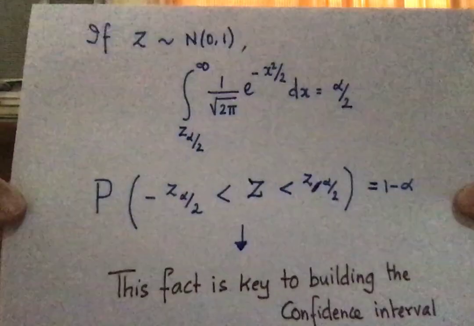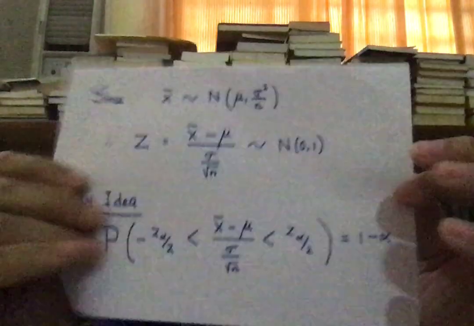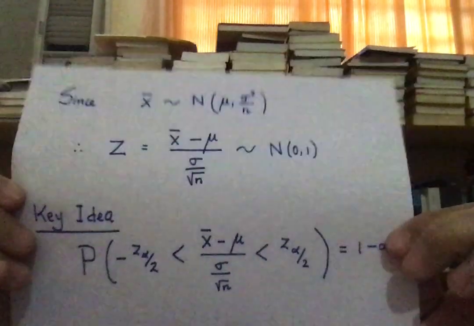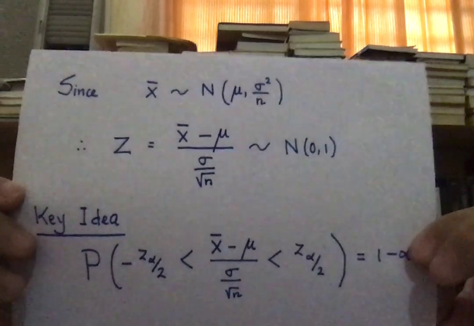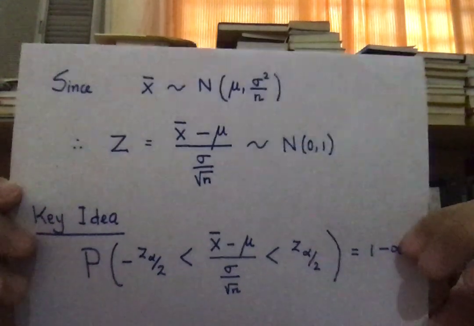Okay. So once that is done, the game can be very easily played. And I know that you know how to play that game, and I really don't have to tell you. The game is simple. You know that x bar follows N(mu, sigma square). So z is nothing but the random variable minus mu, divided by the standard deviation.